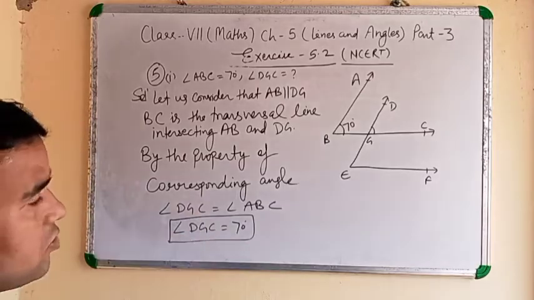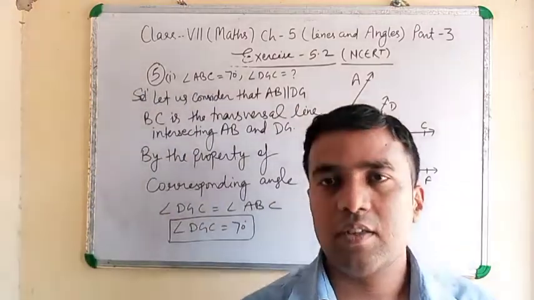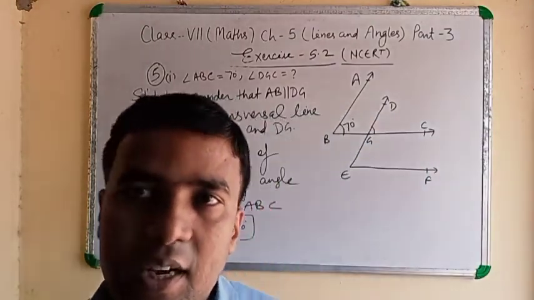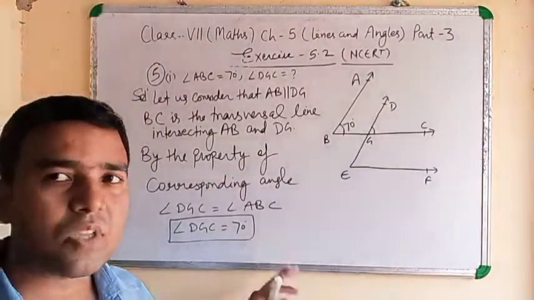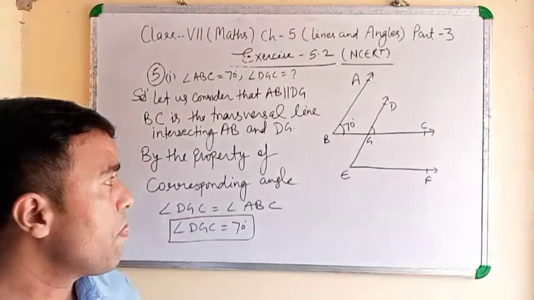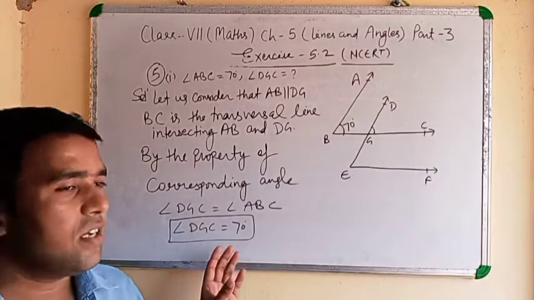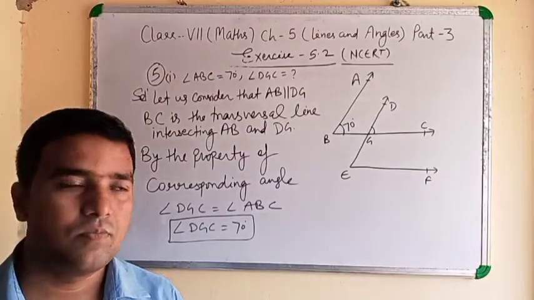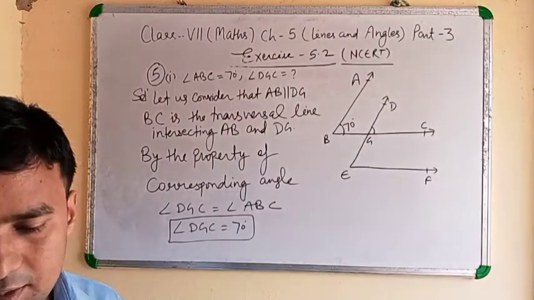If you write like this you will be right, it is a very correct answer, and in the exam you will get full marks. Clear? If you write directly, that is also correct, but do it like this.